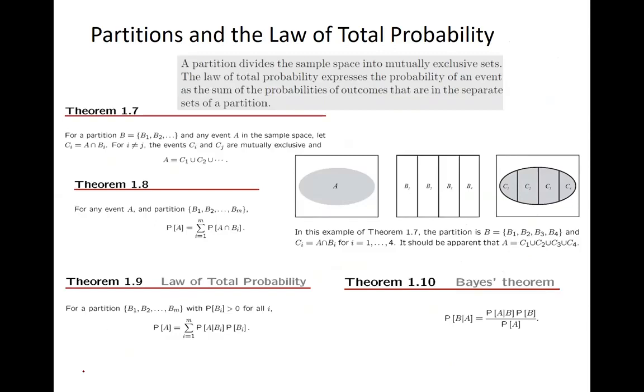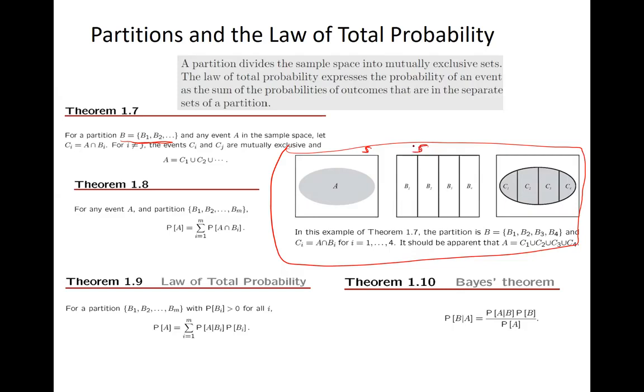Partitions and law of probability. For a partition B, here we can talk about on this example here. Okay, we have a sample space here, and the sample space is split up into sub-experiments, outcomes or events, B1 to B4, and collection of this all together forms the sample space.